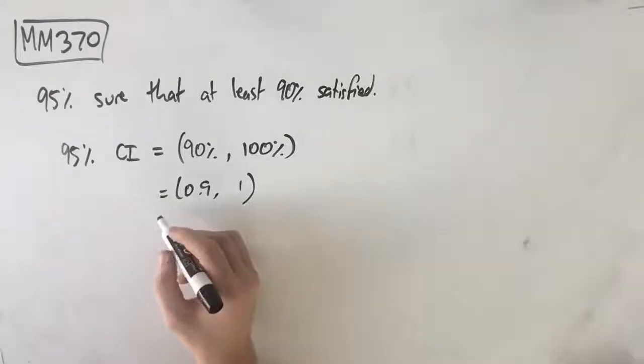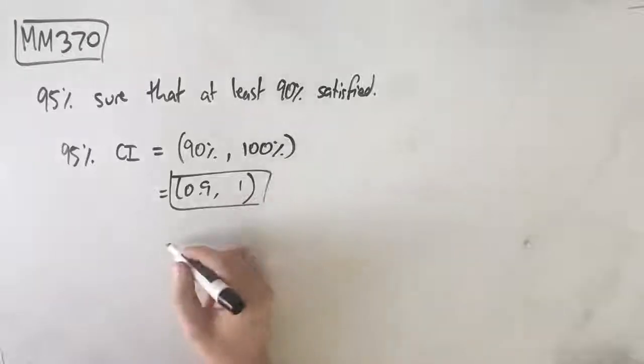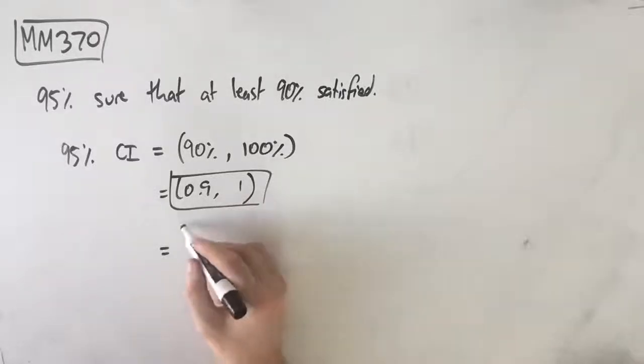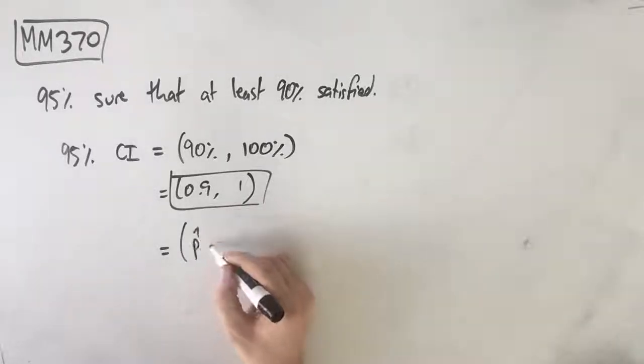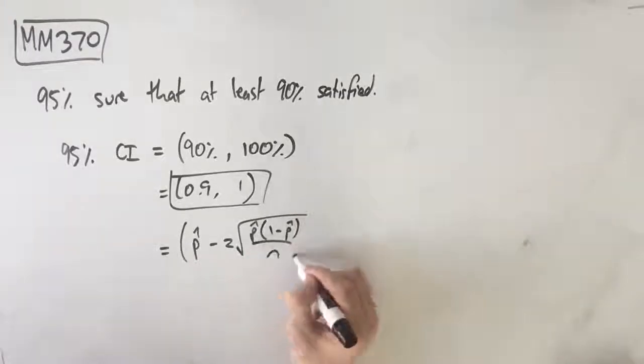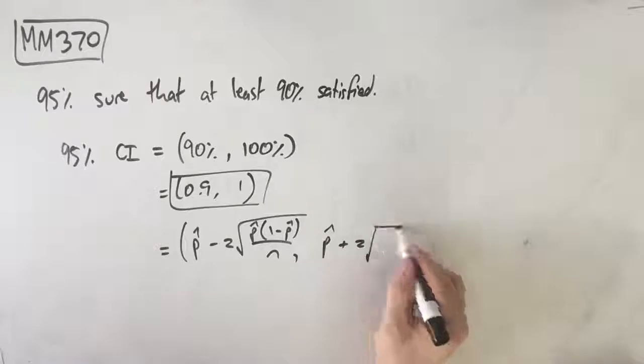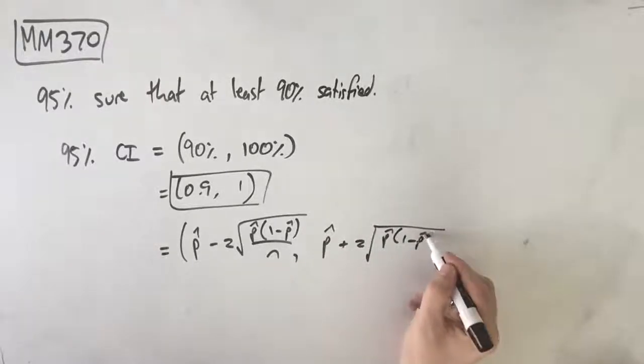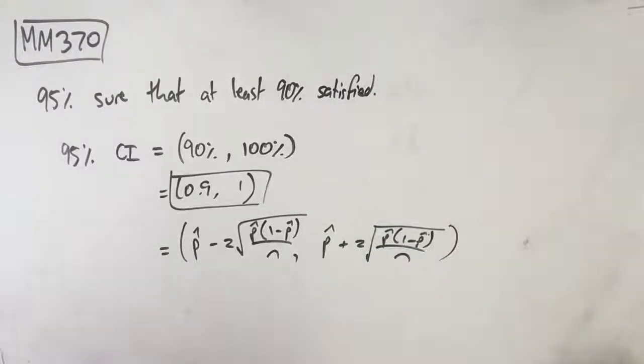Now, this is our confidence interval right here, and we also know that our confidence interval is given by the formula p hat minus z times the square root of p hat (1 minus p hat) over n, to p hat plus z times the square root of p hat (1 minus p hat) over n, right? So basically we just need to now sub values in and get this equation going.